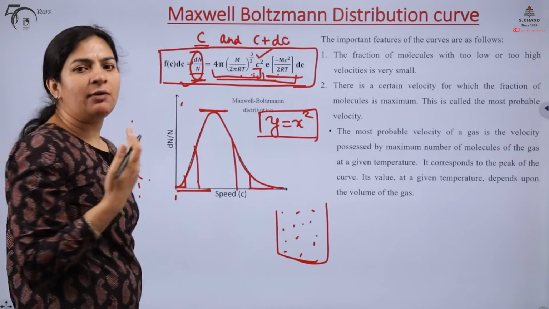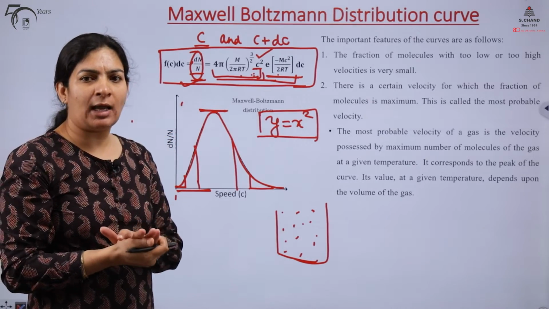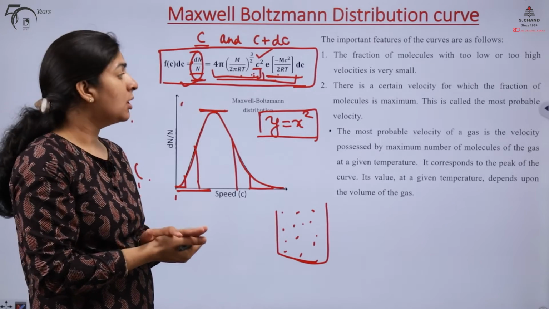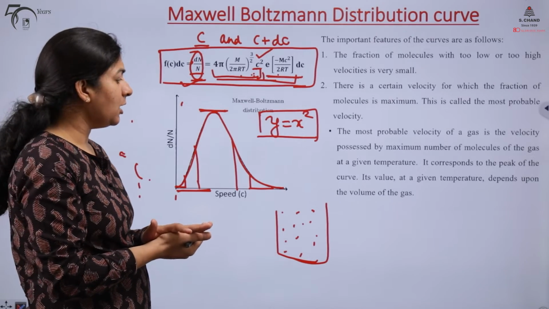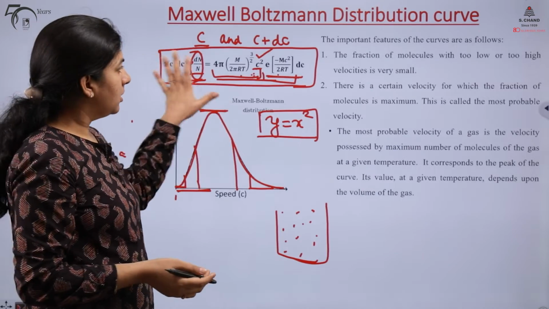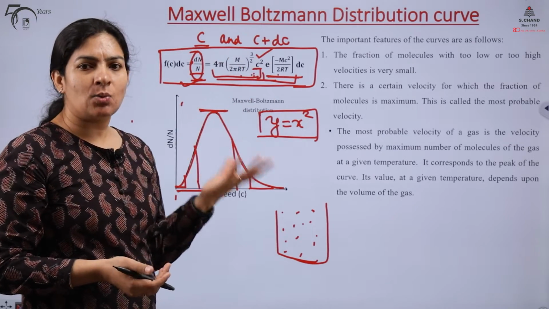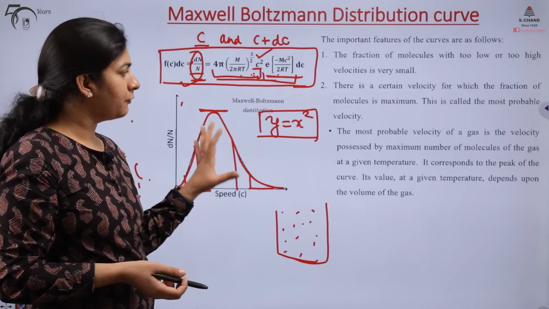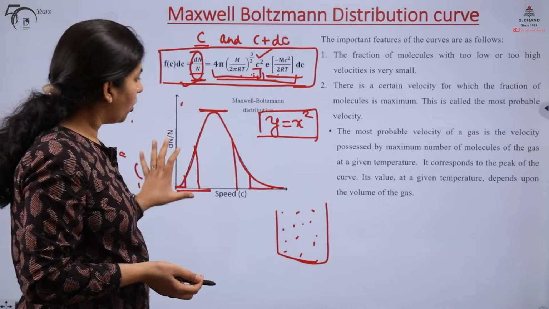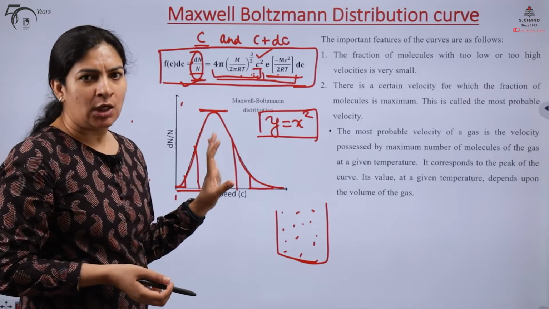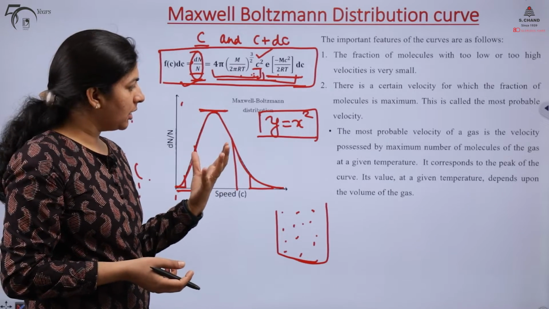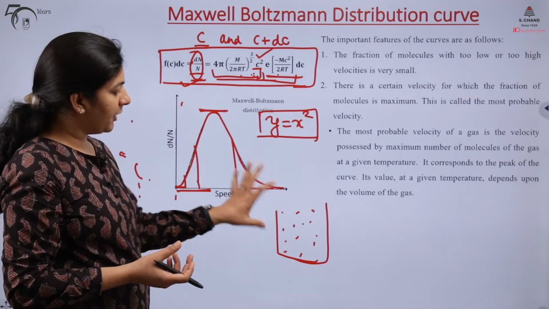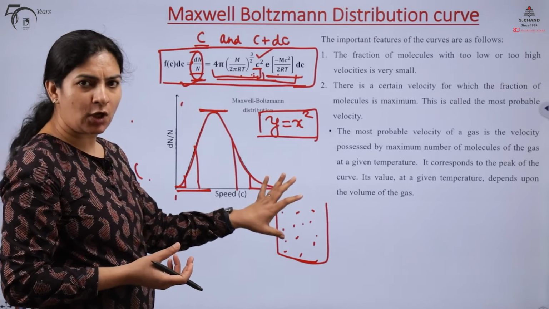Mathematically we can define this maxima as where the first derivative is equal to 0, but from this equation it is quite clear that the distribution which gaseous molecules follow is because of these two factors.